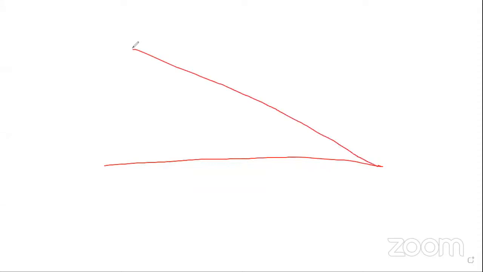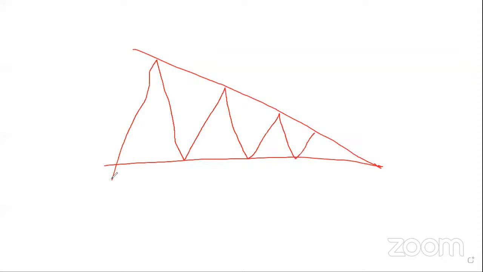Now you are trading, and you find that the market moves from below, goes up, touches your line, comes down, touches your line, goes up, touches your line, comes down. Then expect the market to continue going down.